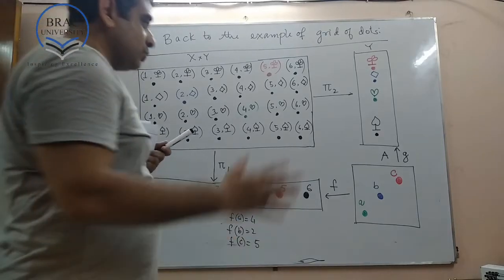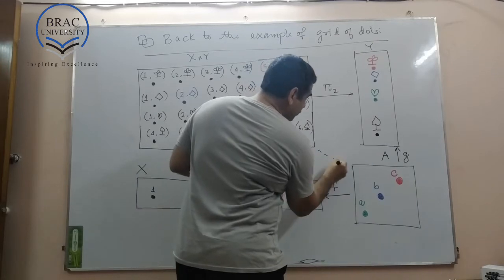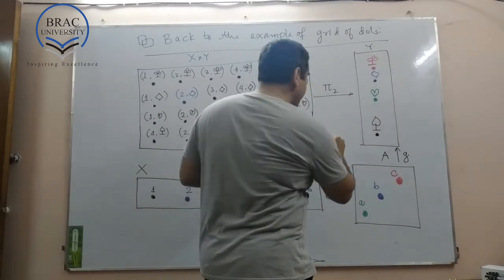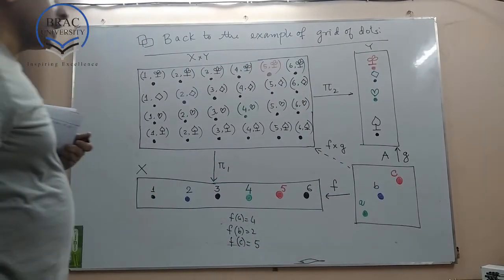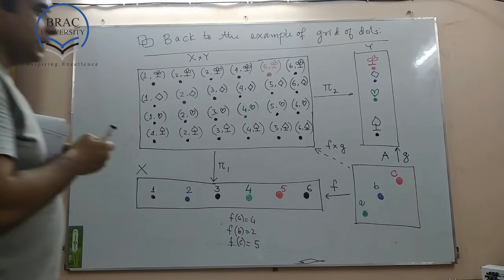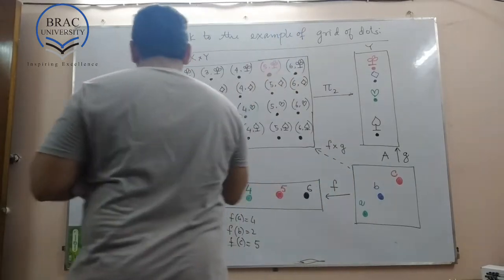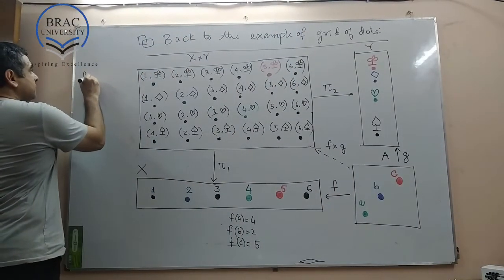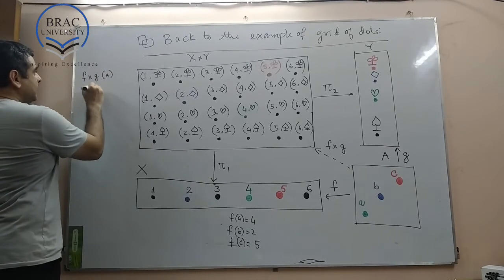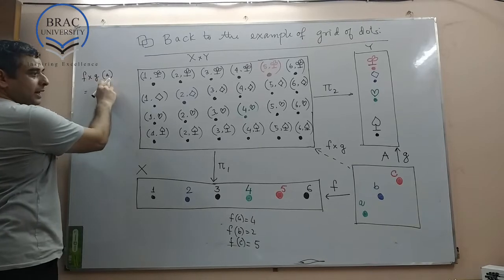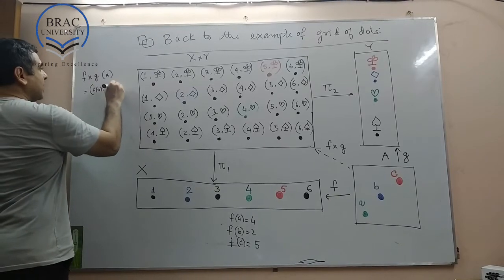So we wanted a unique function from A to X cross Y, like this broken arrow in the commutative diagram for the universal property. How did we define it? Remember that we defined this unique morphism as f cross g acting on an element of A, which should give us f of A comma g of A.